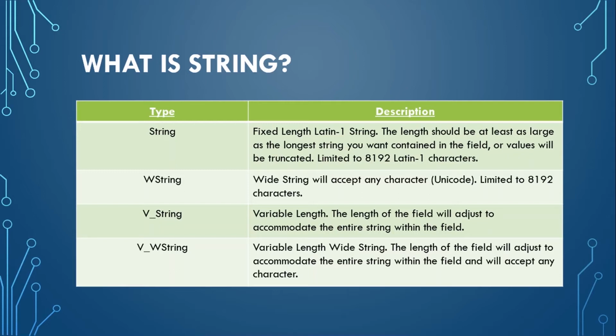The third one is V string, which is a variable string. The length of the field will adjust to accommodate the entire string within the field. The fourth category is VW string, that is the variable length wide string. It accepts any character.